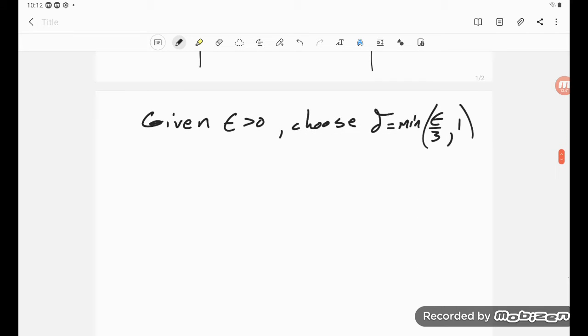So let's see. Suppose we pick epsilon to be a half. Then according to this, we would need to choose delta to equal epsilon over 3, or a sixth.